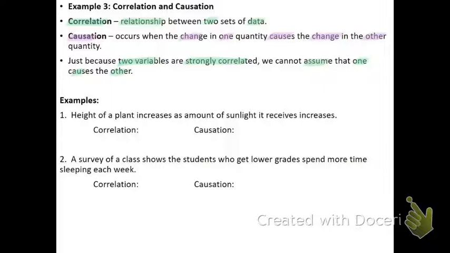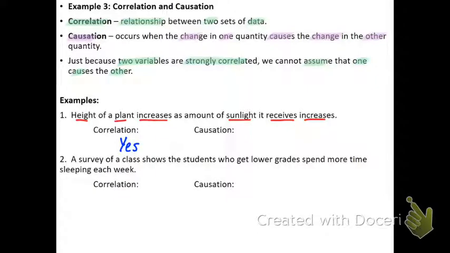So the first one that you have says that the height of a plant increases as the amount of sunlight it receives increases. So is that correlation? Yeah, that's a correlation.